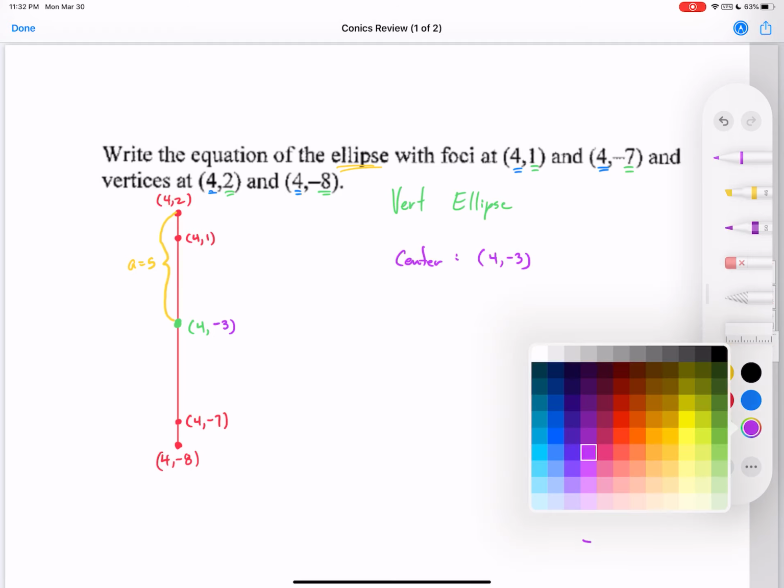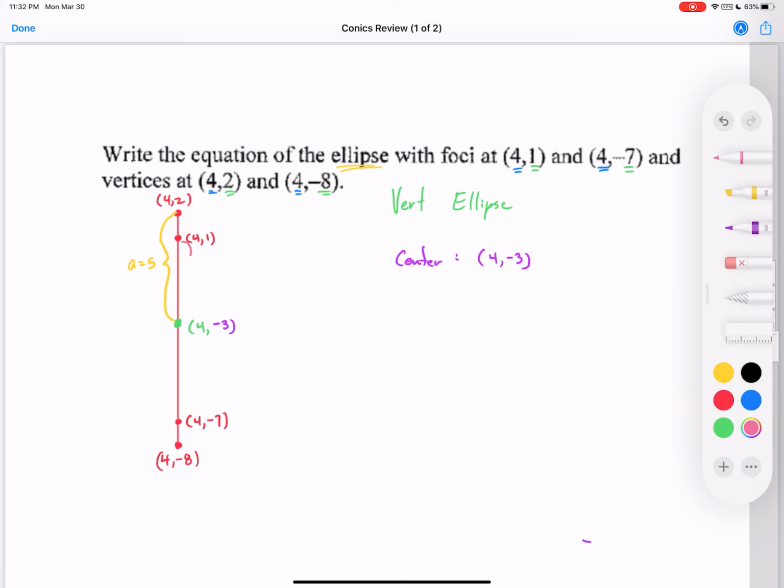Now the foci is our c value, and that's the distance from our center to one of our focal points. The distance from -3 to 1 is 4. So b is going to equal 4. Well, I'm sorry, not b. c is equal to 4. What we don't know is b.